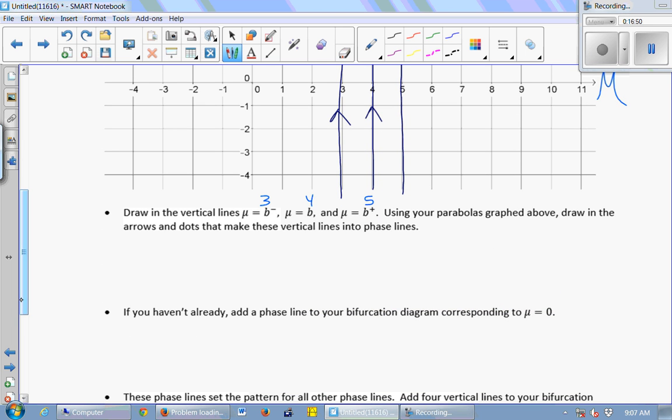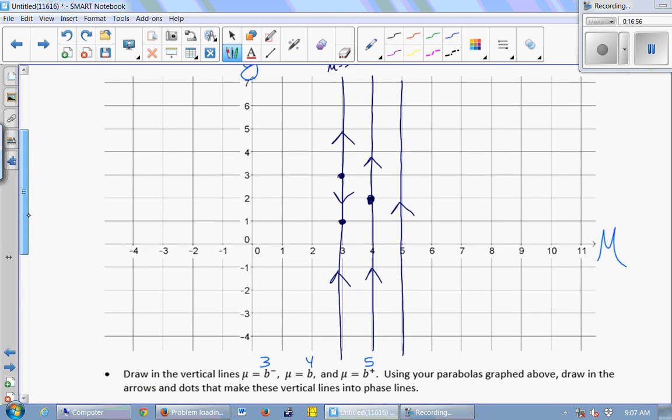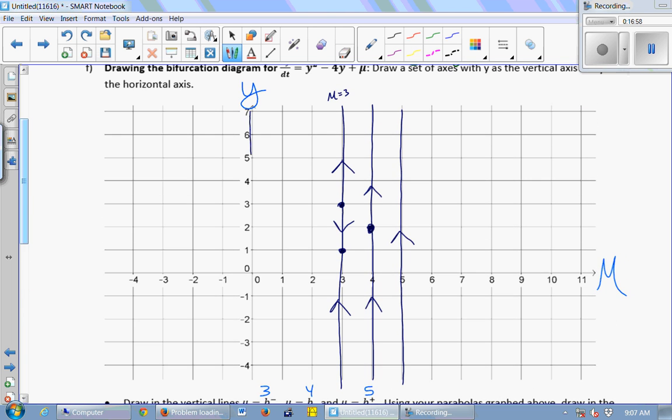All right, so then let's add the phase line that we drew for f sub 0, for when mu equaled 0. So that would be here when mu equals 0. What were my equilibrium solutions for that one? 0 and 4. And it was positive, negative, positive. That's the phase line that we drew right next to f sub 0.